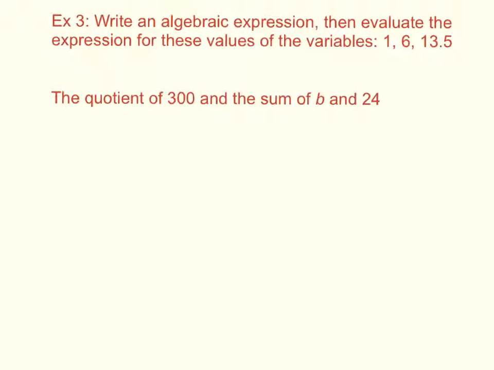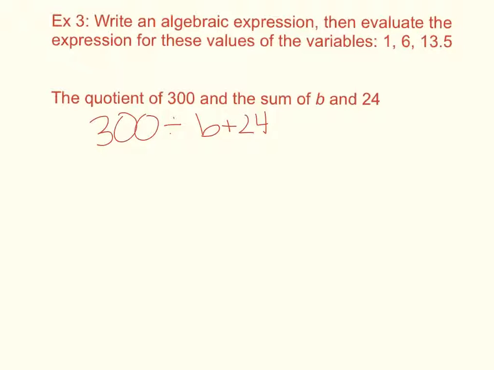Okay, so this is going back to 7.3 last week. The quotient of 300 and the sum of b and 24. So they want you to write your expression first. Quotient means divide. So I'm going to do 300 divided by, and the sum of b and 24. Sum is addition. Okay.